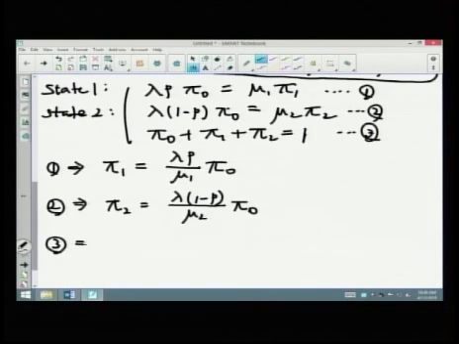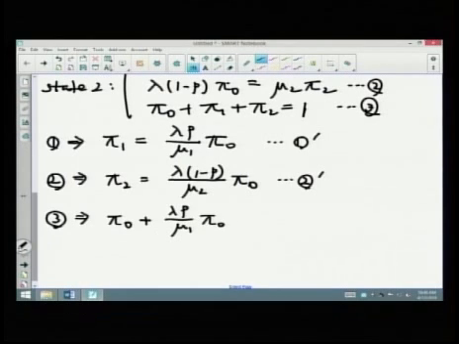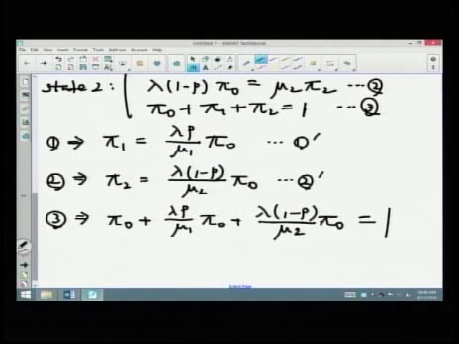So we can rewrite equation 3 using 1 prime and 2 prime. That's going to be pi 0 plus lambda p over mu 1 pi 0 plus lambda times (1 minus p) over mu 2 times pi 0 is equal to 1.